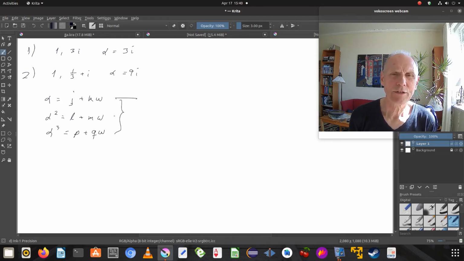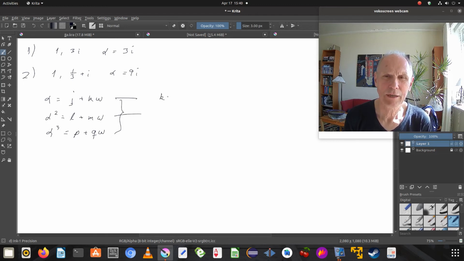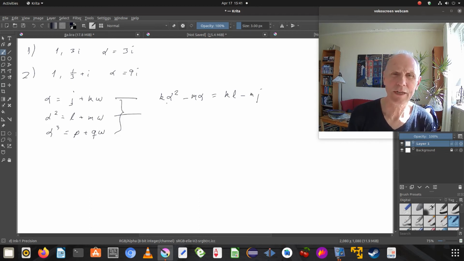And combining these two, we do get a second order equation for alpha, eliminating omega. So if we multiply this by k, we get alpha squared minus m alpha equals kl minus mj, where k is distinct from naught. So we do get a second order equation.